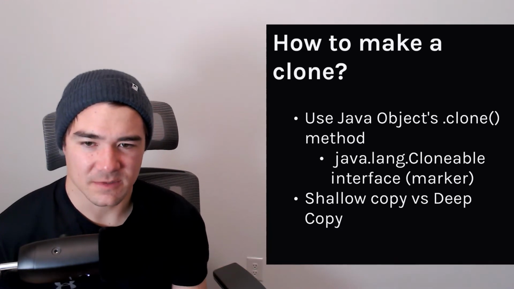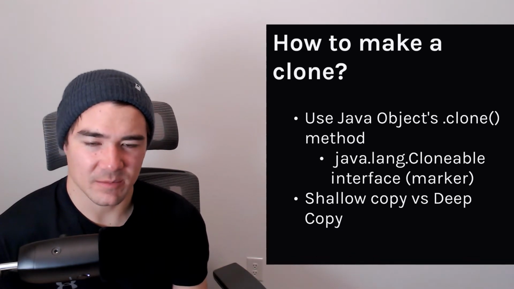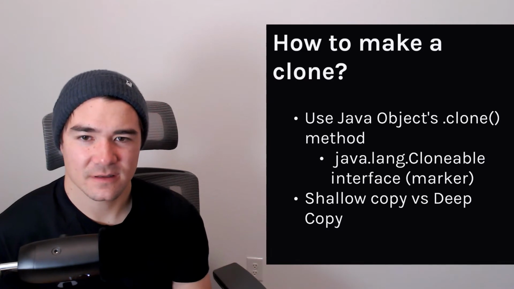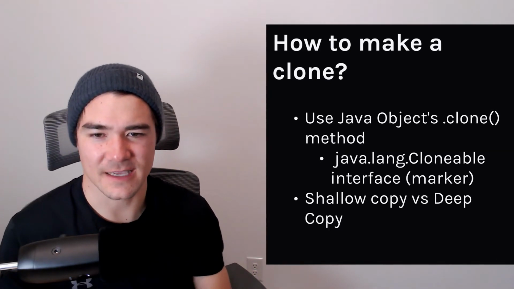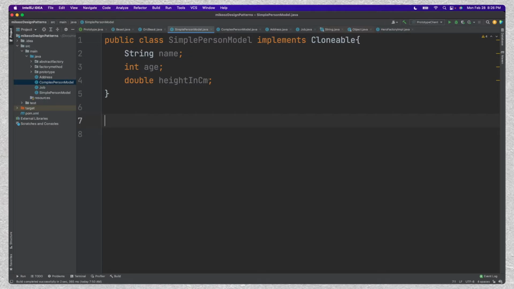And then there's this concept of shallow copy versus deep copy. By default, Java's out-of-the-box .clone method is a shallow copy implementation. What is a shallow copy? All right, so let's look at an example. Here we are with the simple person model example.